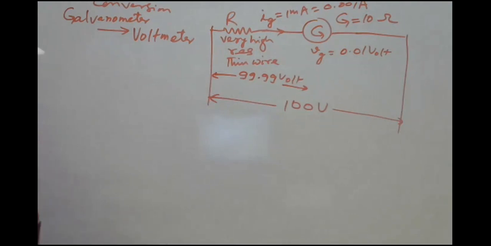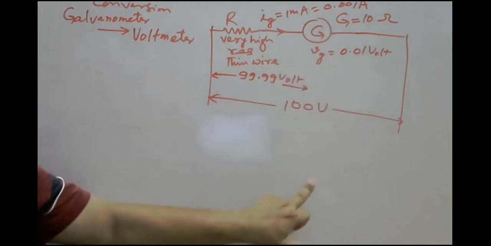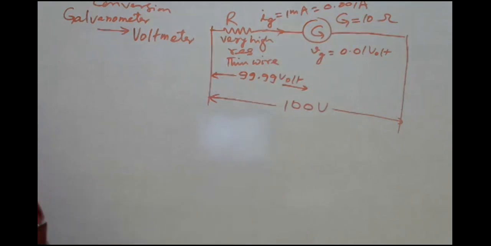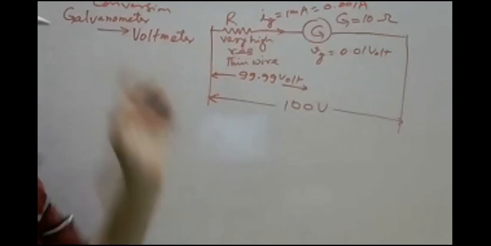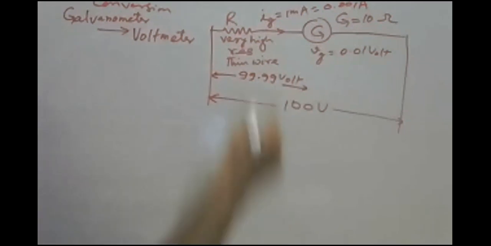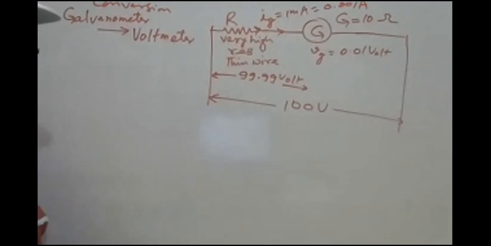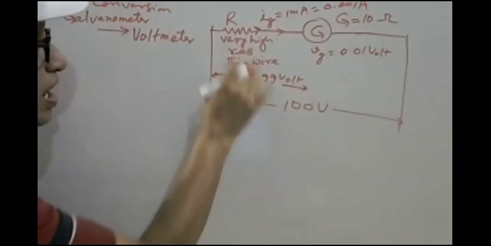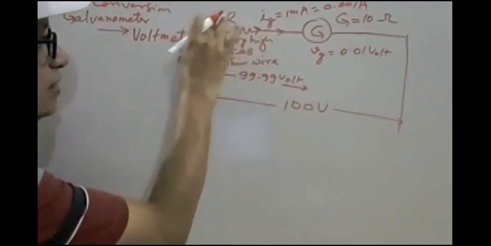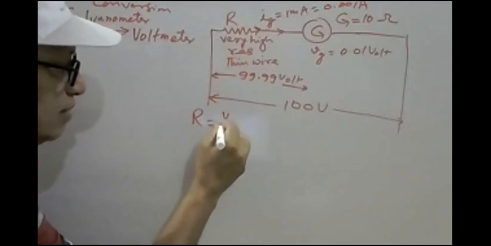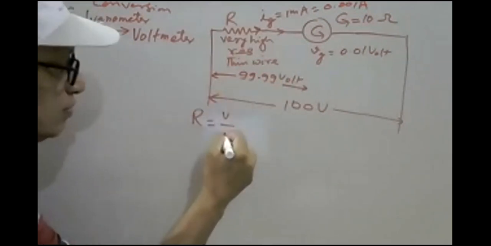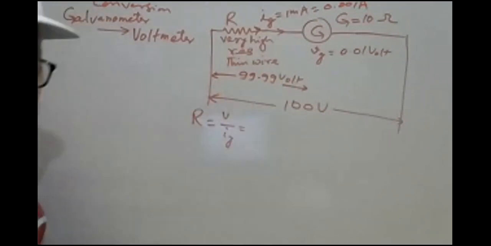This is the maximum voltage that can be given to the galvanometer coil, otherwise it will burn out. So just to protect the galvanometer, and at the same time measure high voltage, we use this series high resistance, a thin wire, connected in series, and in series you know the current remains the same. It means here we can find R. R is the voltage across this wire divided by the current, the same current, because in series current remains the same.